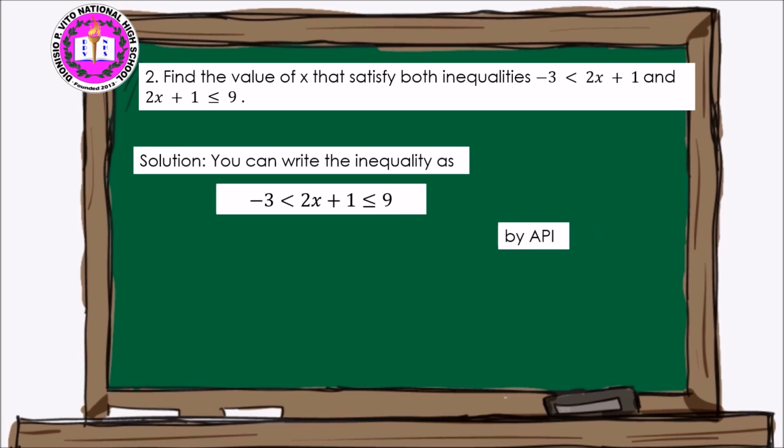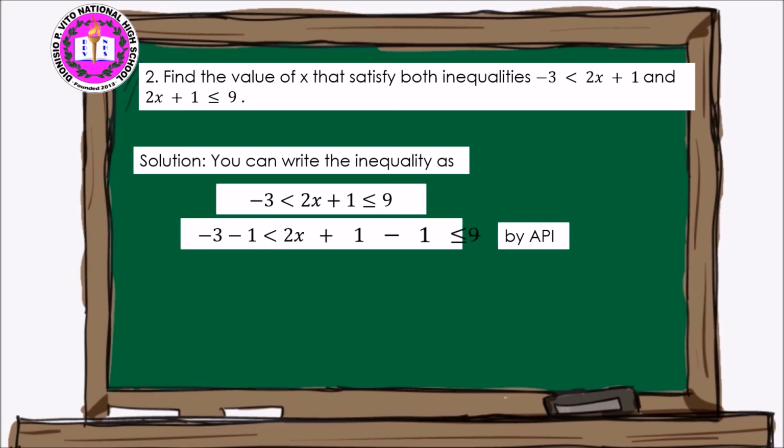So by API, we're going to get the opposite of positive 1, which is negative 1. So we have 2x plus 1 minus 1 is greater than negative 3 minus 1, but less than or equal to 9 minus 1.